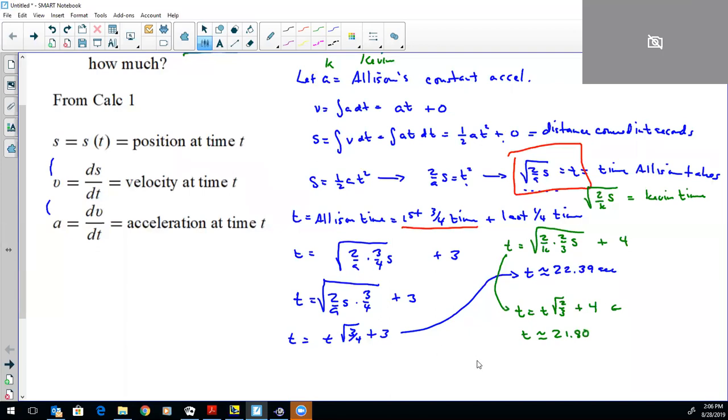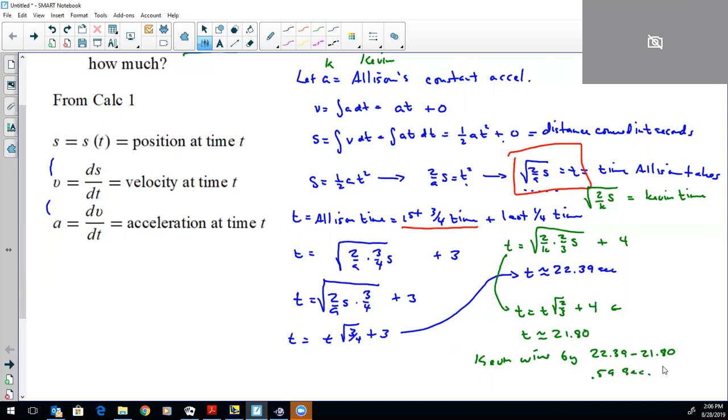He wins by about 59 hundredths of a second.